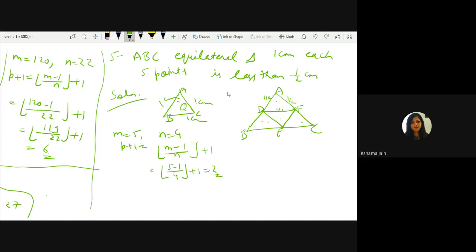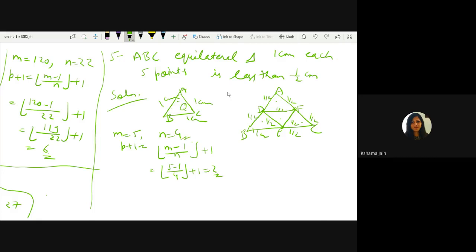So the maximum distance we can make between 2 points will be if we put the 2 points in 2 different triangles. So for that purpose we are making small triangles. Understood now? So for that purpose you are having 4 smaller triangles, so that's why n equal to 4.